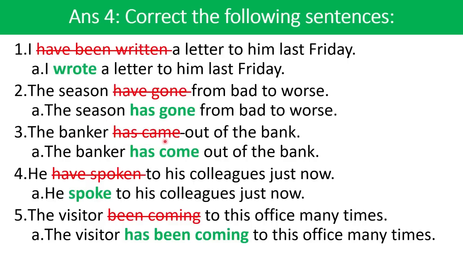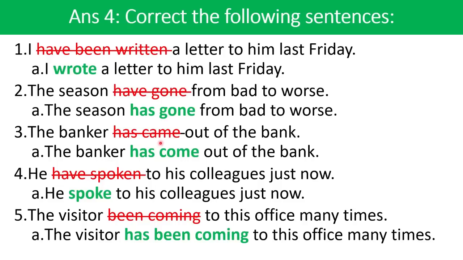The banker has came out of the bank. Now the verb came is the problem here because with has, which is perfect tense, we need to use the past participle. Come is the present tense, came is the past tense, come is the past participle. So present tense and past participle are exactly the same for the verb come.